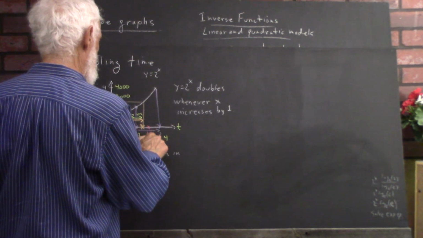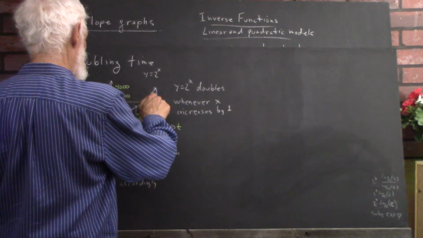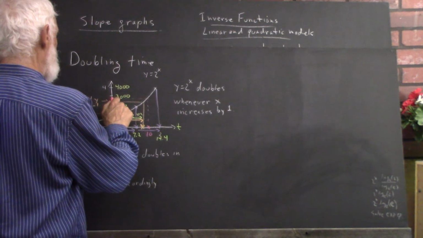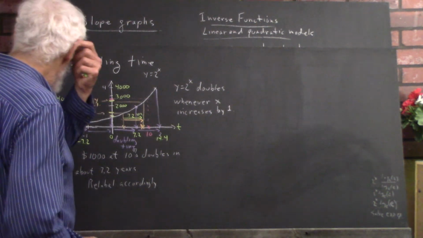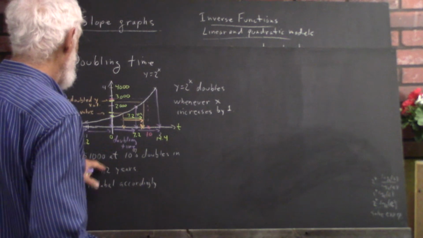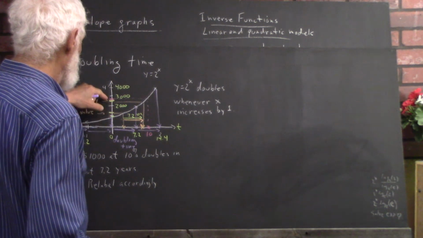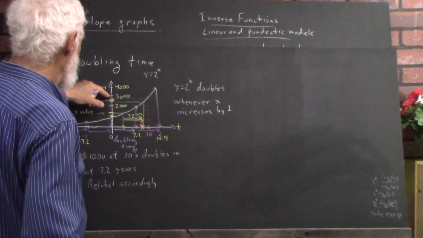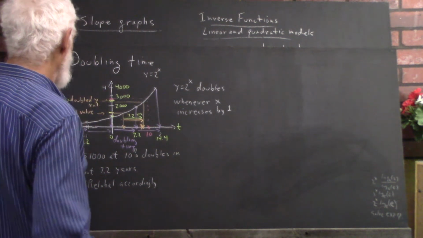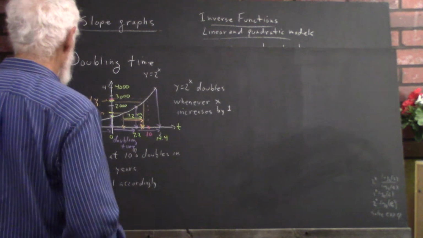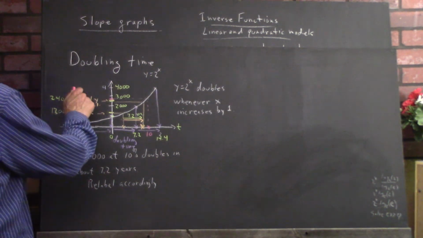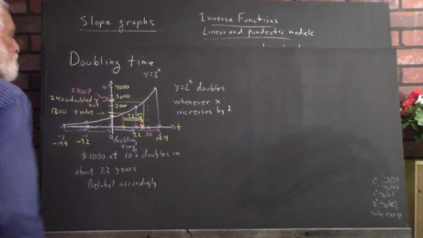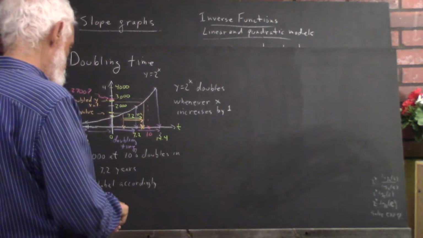Yeah, probably a little too far to the right, but you can be more careful than I am. You know, this graph estimates that in 10 years, my $1,000 is going to grow up to what? Looks like here's 2,000, here's 3,000. That looks like about $2,600 or $2,700. And of course you can compare that.